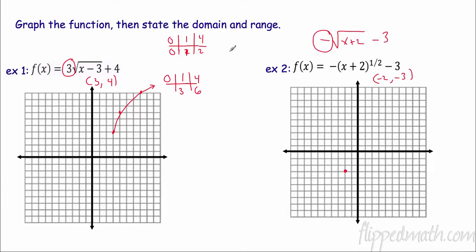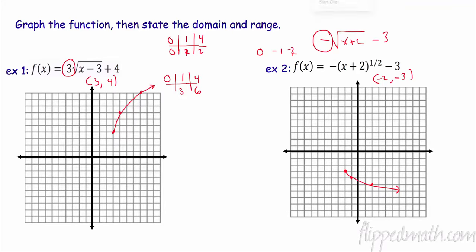So instead of 0, 1, and 2, I'm going to have 0, -1, and -2. So I'm going to go 1 over, and then I'm going to go down 1. I'm going to go 4 over, 1, 2, 3, 4, and then go down 2, 1, 2, and there we have our radical function, our square root function.